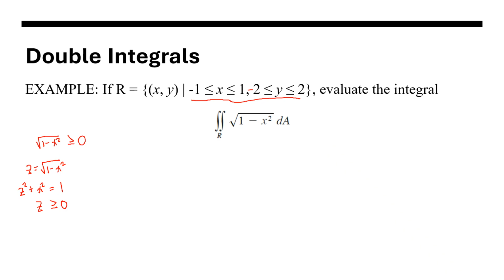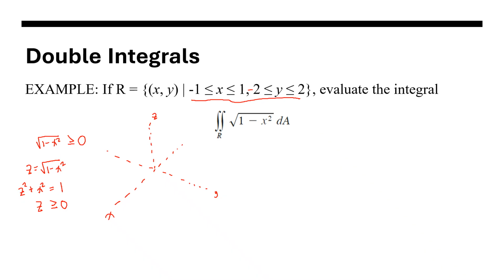let's say this is our x-axis, and this is our y-axis, and then this would be our z-axis. So our y is from -2 to +2.